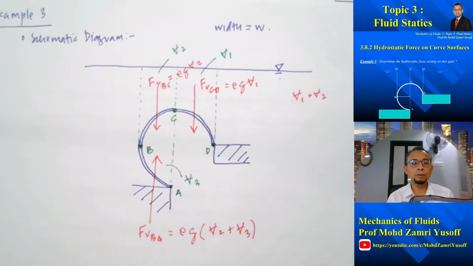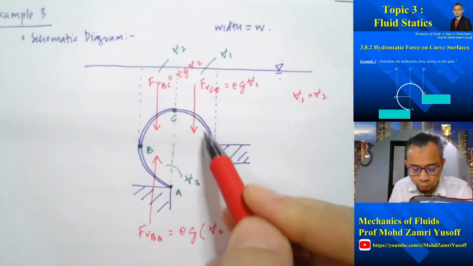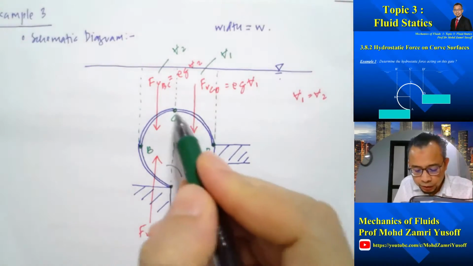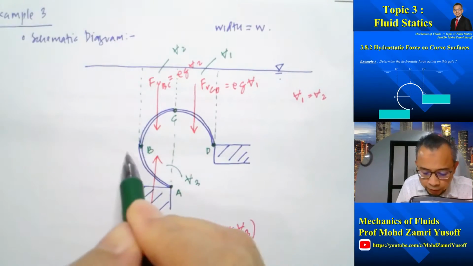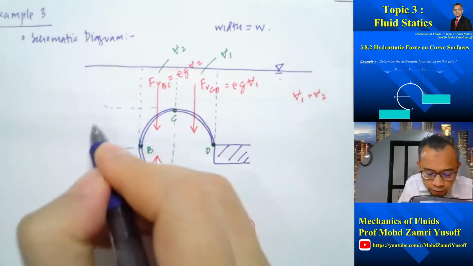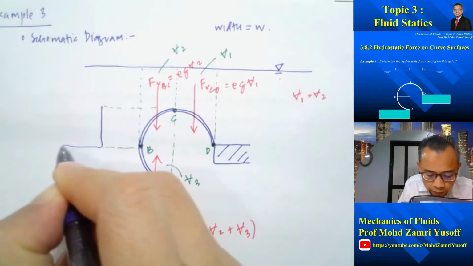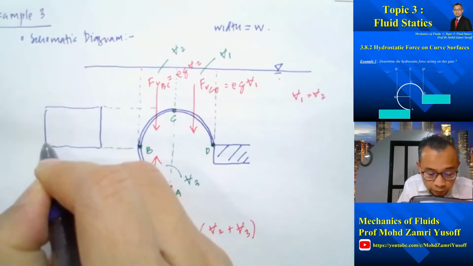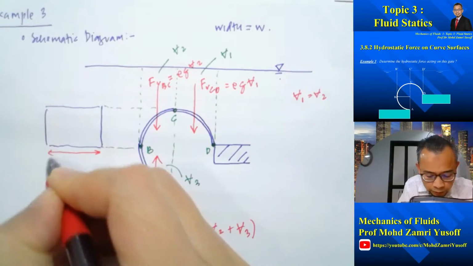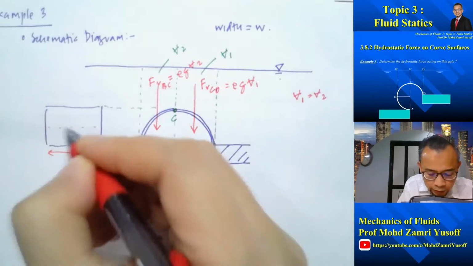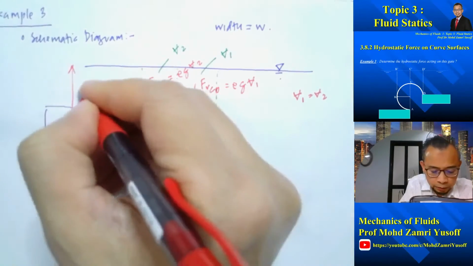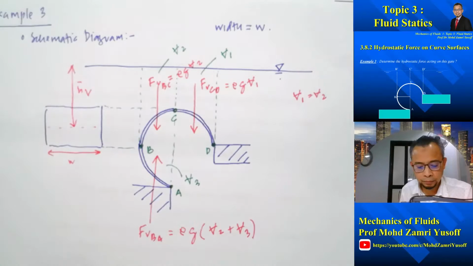Now what about the horizontal component of the force? First of all, the horizontal component of the force acting on surface CD. In order to do that, we need to project the surface on the vertical plane. So what we do, we will obtain this surface, whereby this distance is equal to the width of the gate, and then this will be the h bar vertical, right?